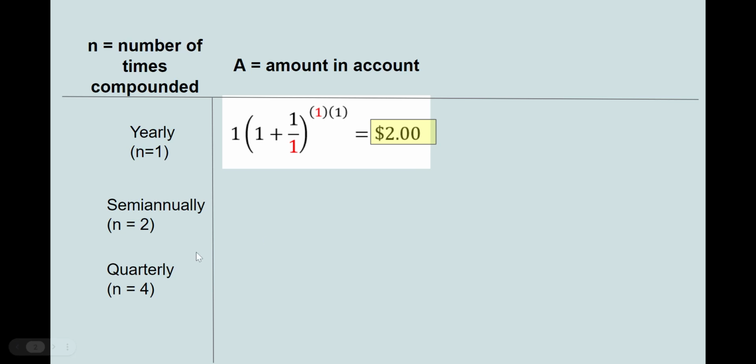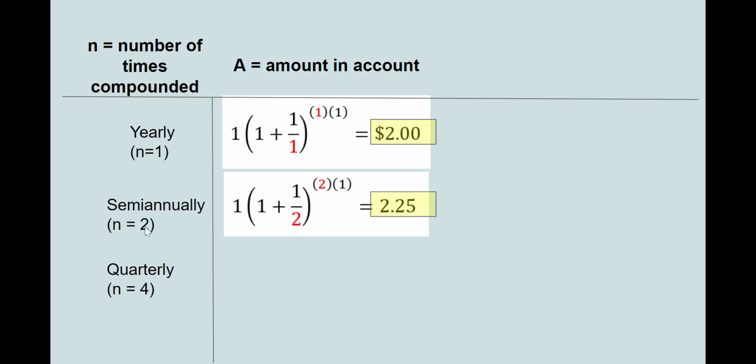All right, so now one thing that banks can do is fiddle with how they give you that 100% interest rate. If they do it twice a year, at 6 months they give you 50%.